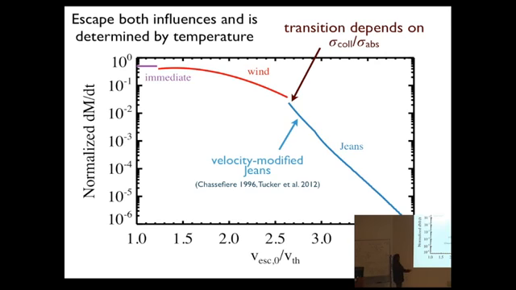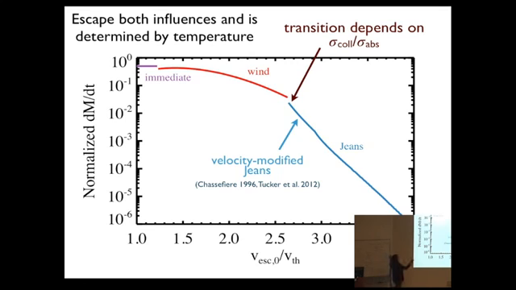And I'm going to write that temperature as a thermal velocity normalized to the escape velocity from the planet. I'm going to use that as a parameter. I don't know what the temperature is. It's a parameter. And then I'm going to calculate a normalized mass loss rate based on this parameter.